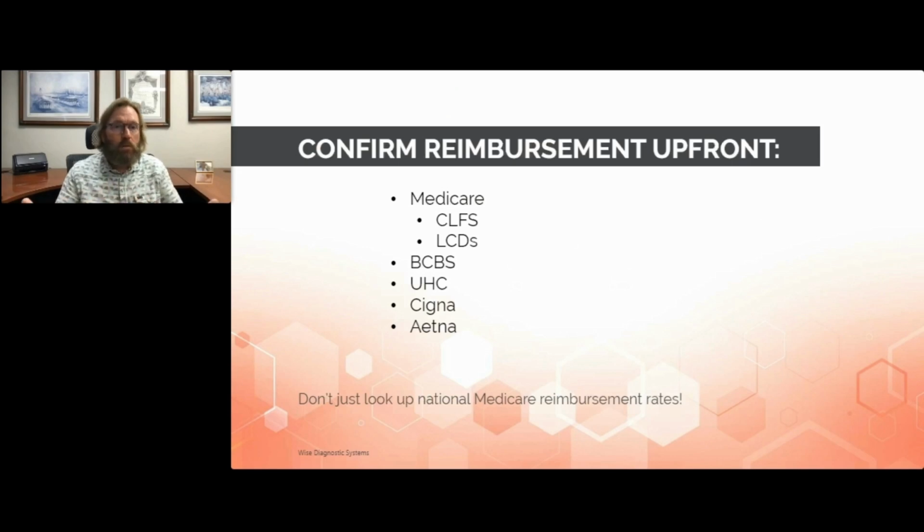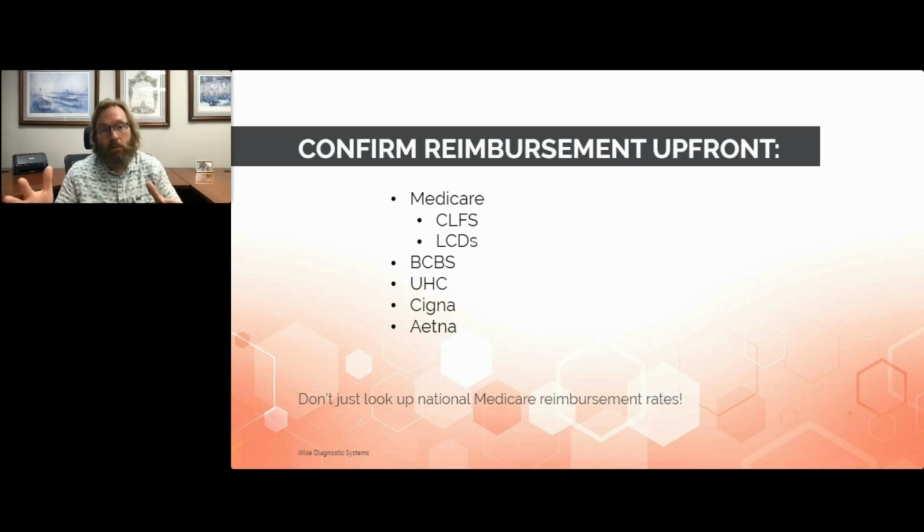So you want to first try to, as best you can, confirm reimbursement up front. Medicare is sometimes the easiest. You can just Google CMS clinical lab fee schedule, and it'll actually allow you to download a spreadsheet that will tell you what those rates are for the various CPT codes. However, that's really only part of the story. You really want to dig into your particular MAC and see if there are any LCDs in place that will say, yes, you can test this, but we limit what CPTs you can bill for.